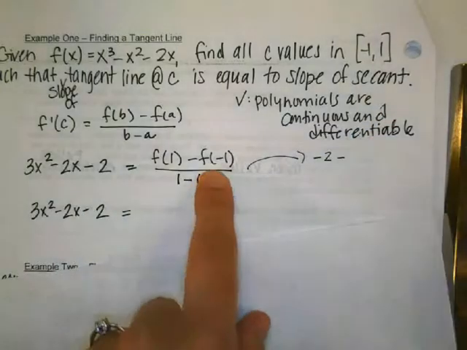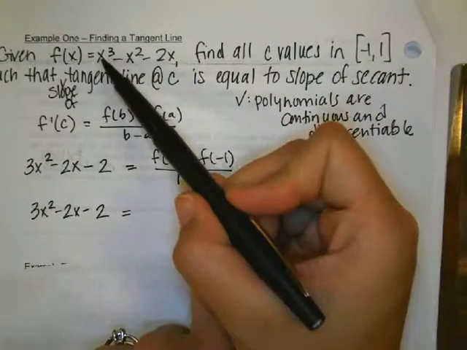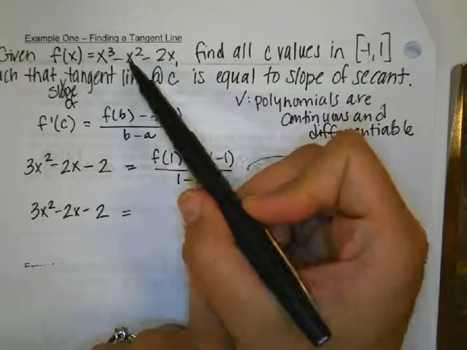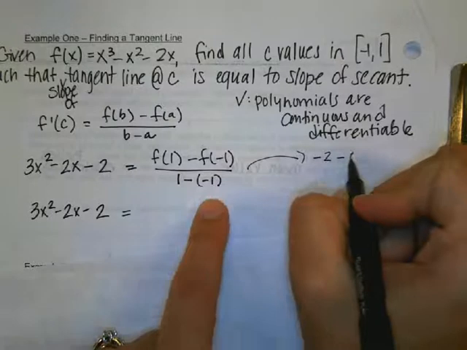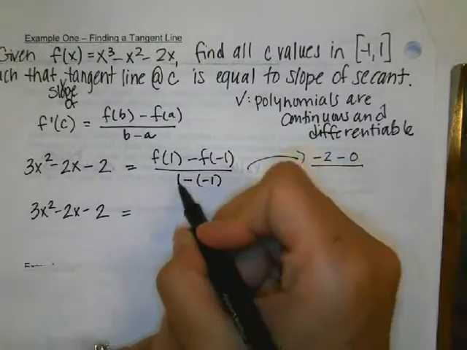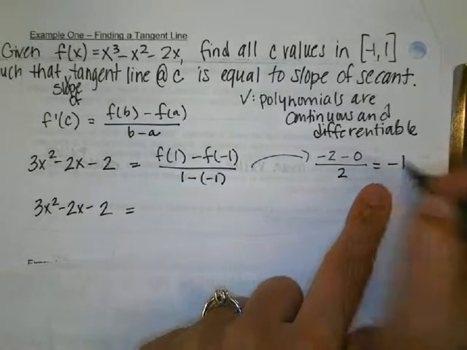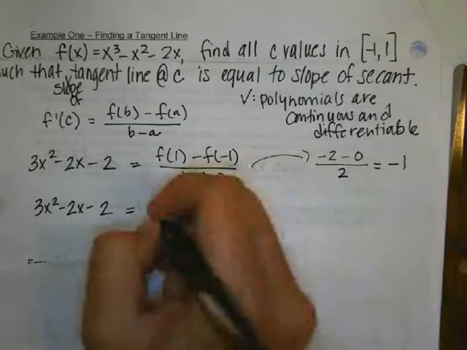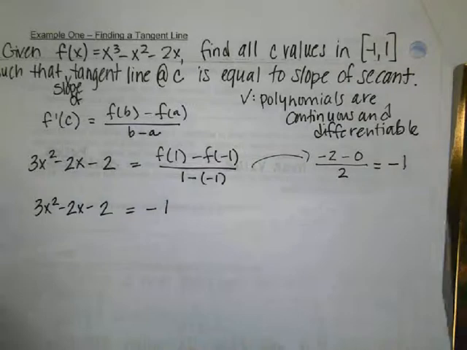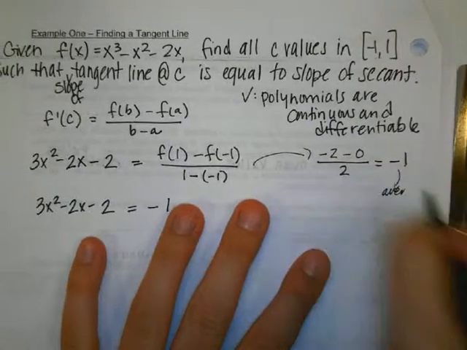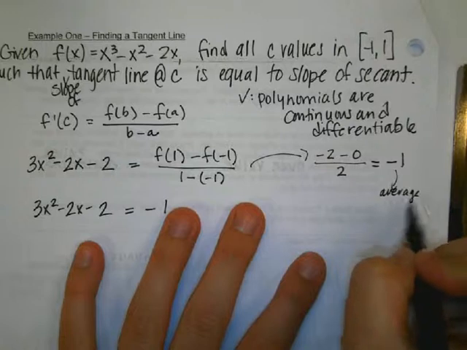F of -1, if I plug in -1, I get -1 minus 1, so that's -2, plus 2, so 0. And on the bottom, I get 1 plus 1, so 2. So if I simplify that, I would get -1. Okay, so my average rate of change is -1.